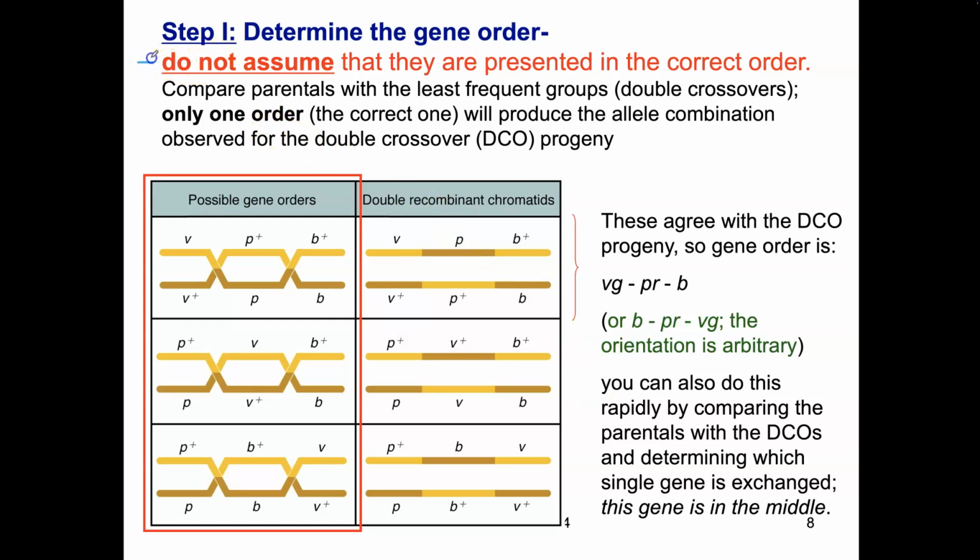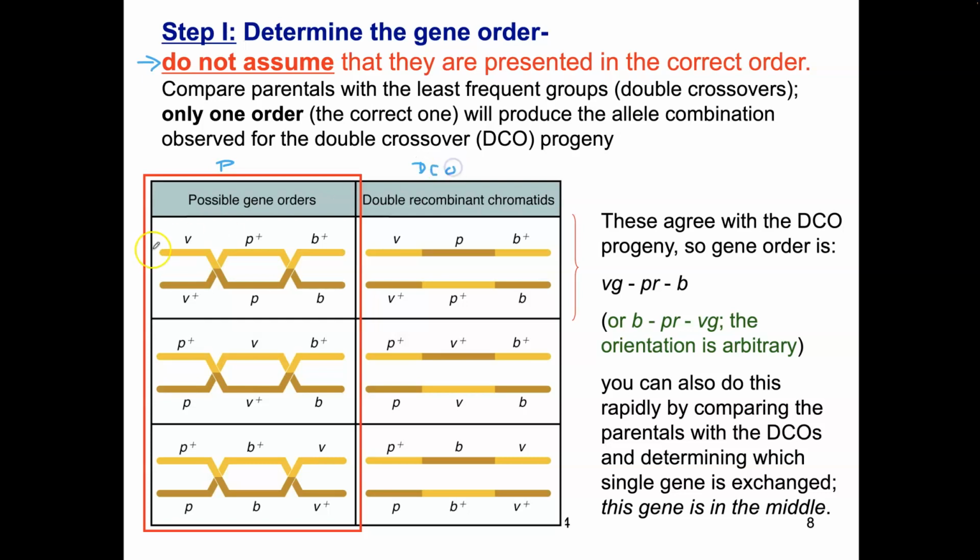So you should never assume that it's being given to you in the correct order. I often present it alphabetically or reverse alphabetically or something like that. And so then what you would do is take the parental classes and compare. So this is going to be the parentals, and then these are going to be your double crossovers.